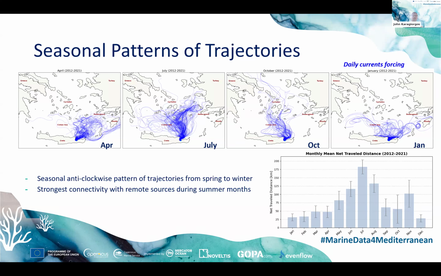In contrast, during winter, the travel distances are much shorter on average, below 50 kilometers, which suggests that the particles are circulating around the release location, and it is an indicative result for more localized sources of plastic inputs.